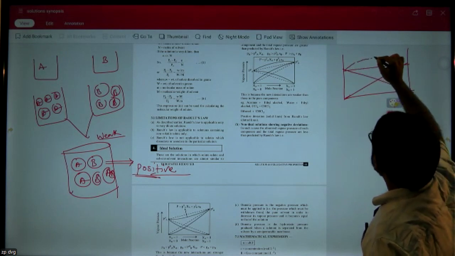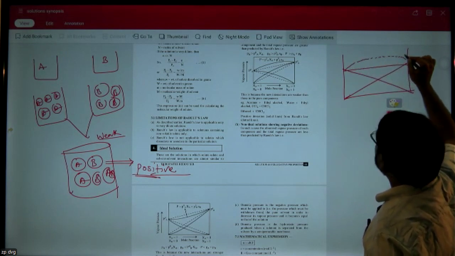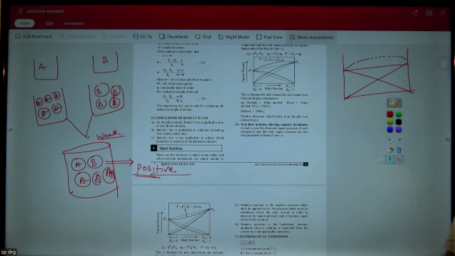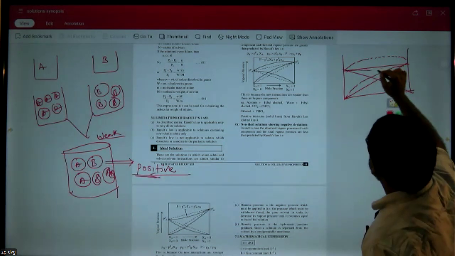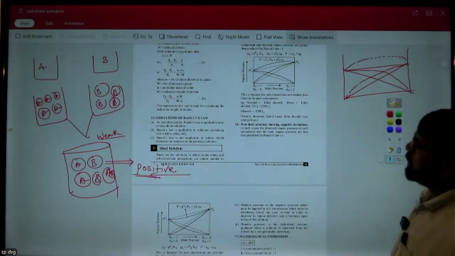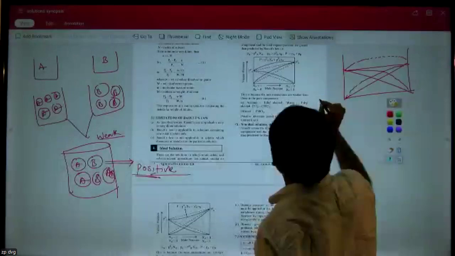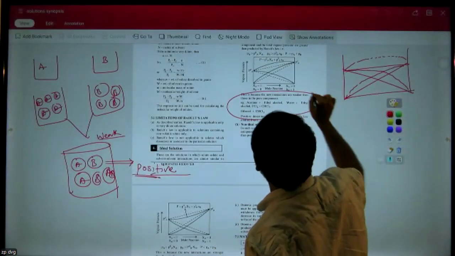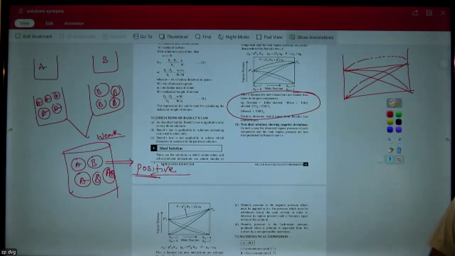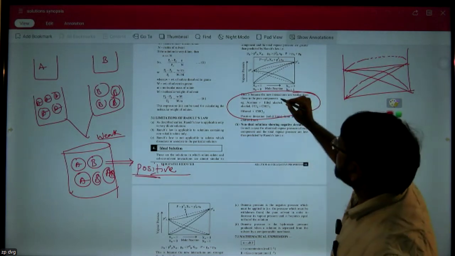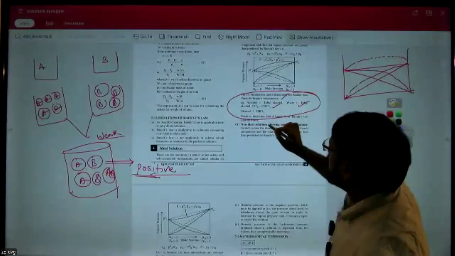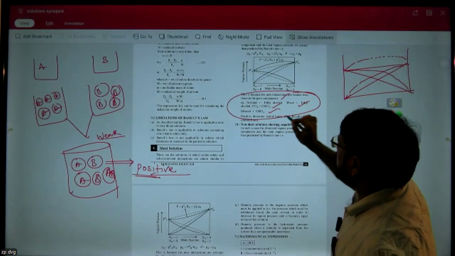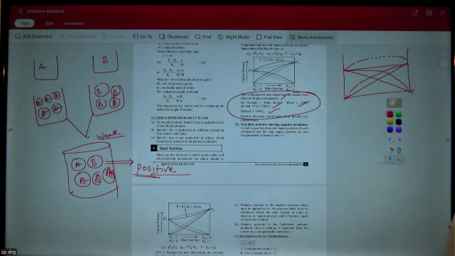But if there is a positive deviation, then it shows this kind of graph. Which solutions show positive deviation? Acetone plus ethyl alcohol, water plus ethyl alcohol, carbon tetrachloride plus ethanol. These show a positive deviation from Raoult's law.